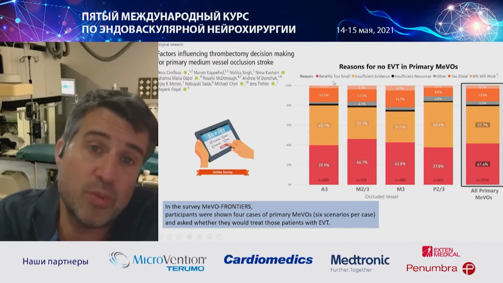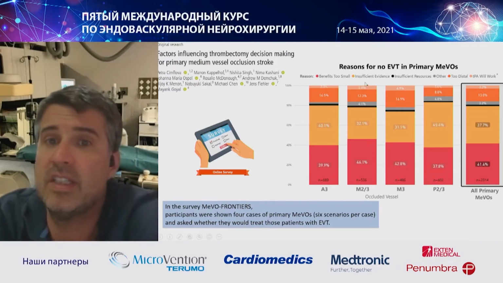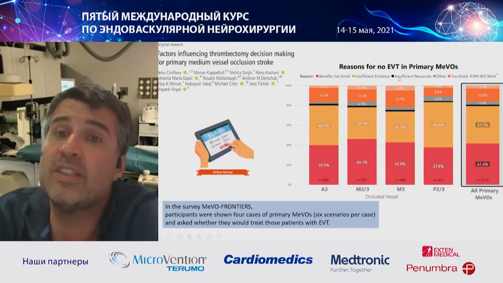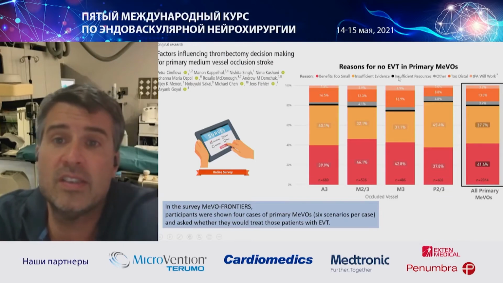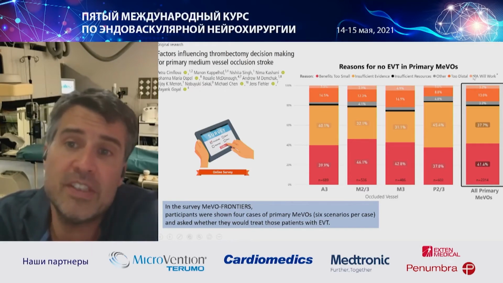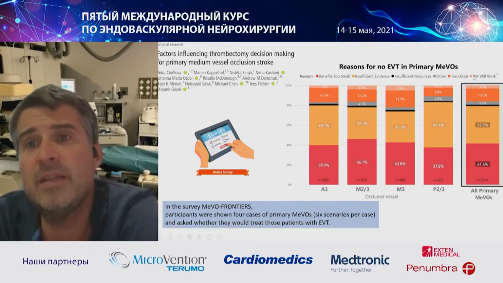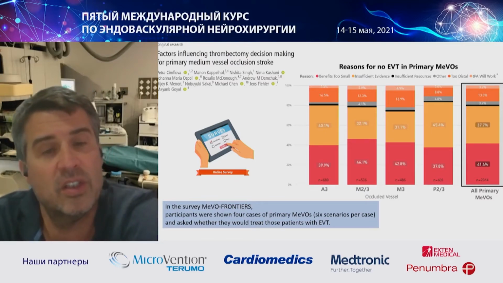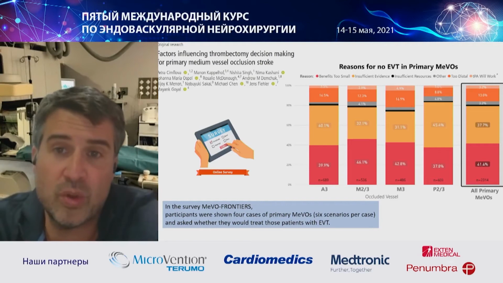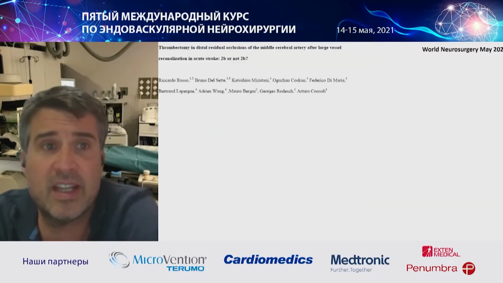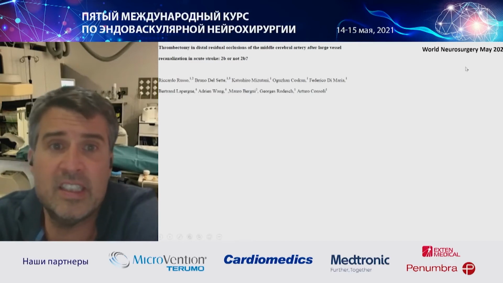The benefits were believed to be too small. There is not enough evidence. There are not enough resources in some of the countries that participated. The occlusion was too distal, or the physician thought TPA will be enough, and therefore they decided to withhold endovascular treatment.